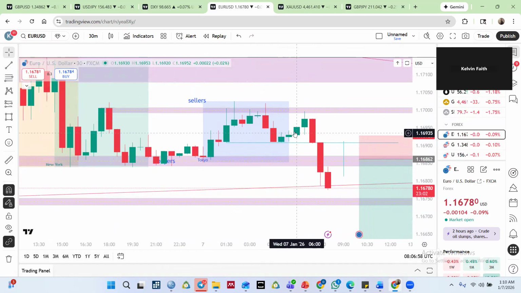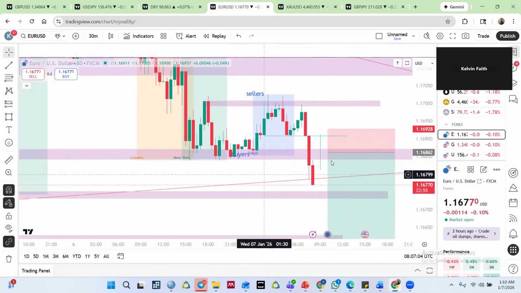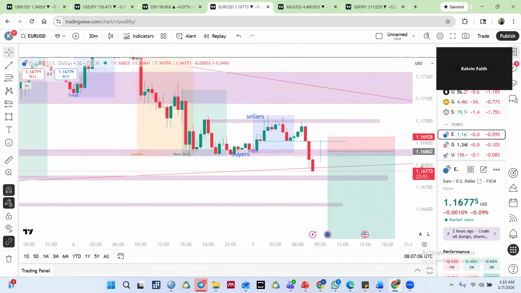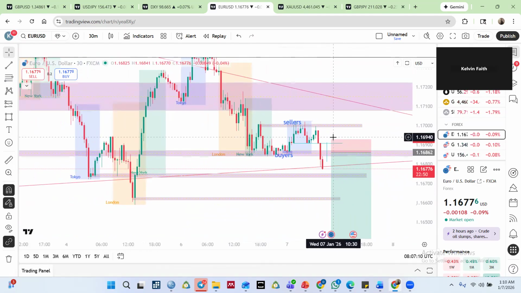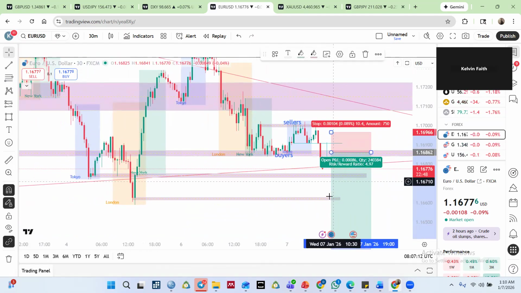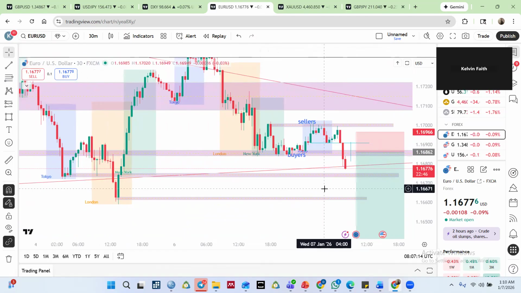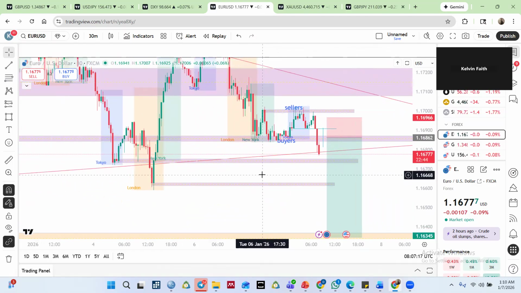So Asia session finished, moved up, dropped, retested, 1, 2, 3, crashing down. Yeah, so London session might do some pullback before dropping, going further down. So let's see how that is going to play.